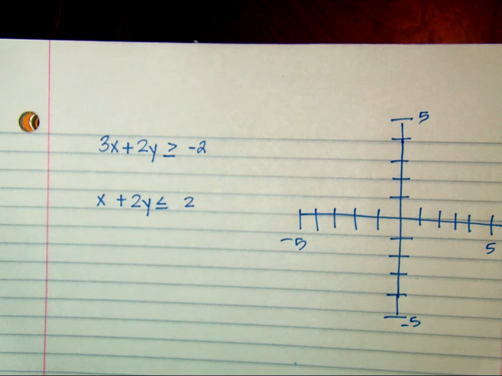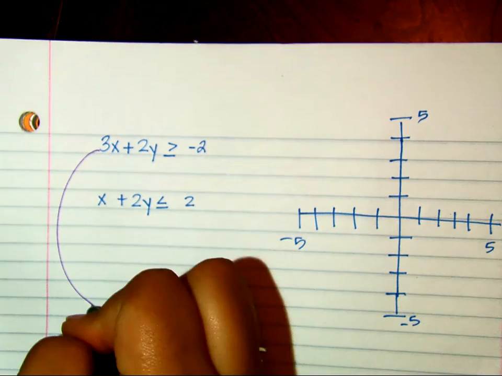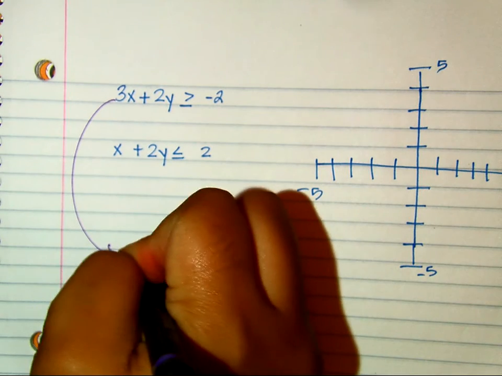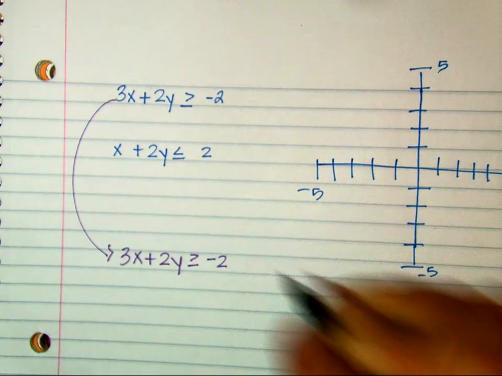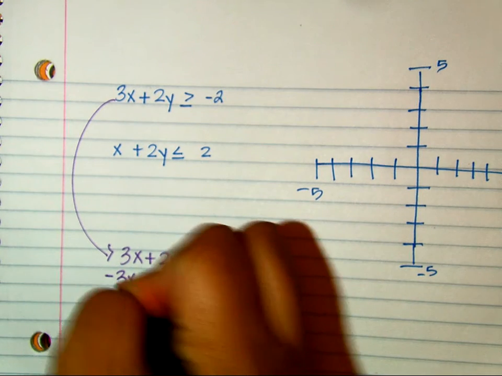Alright, so if you notice here, the first thing I'm going to need to do with this very first inequality, I need to solve for y to be able to graph it. So I'm going to write this one down here. 3x plus 2y is greater than or equal to negative 2. I'm going to first solve for y, and I'm going to subtract 3x on both sides.